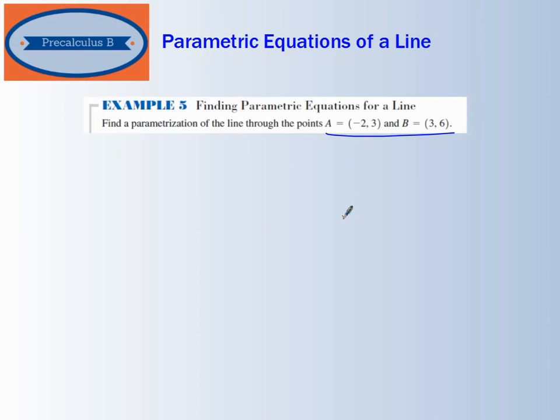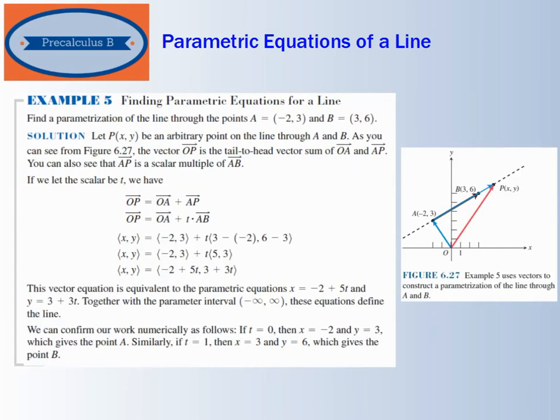Well, the answer relies in vectors. So if we think about the point x, y being an arbitrary point on the line AB, we have point A, point B, and we say P is just some arbitrary point on the line. Then we can take this figure on the right, and we can say that OP, the red arrow there, is going to be the tail-to-head vector sum of OA and AP.